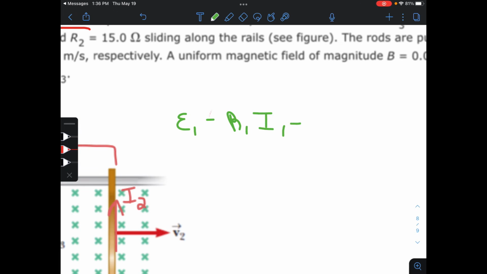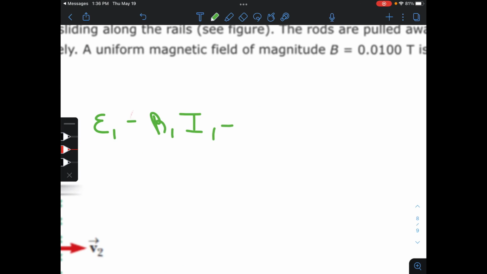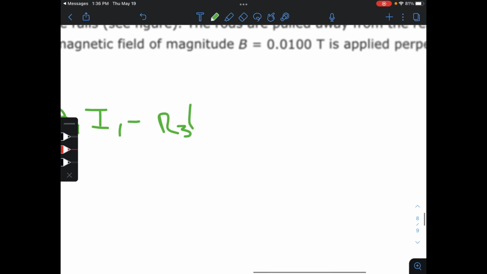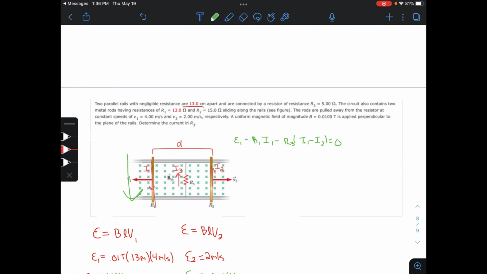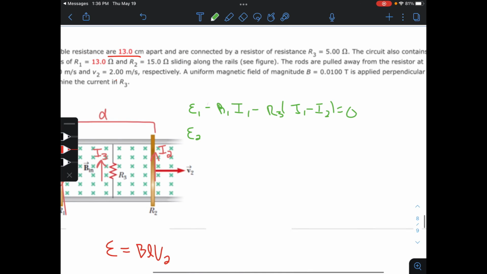Minus. Now, when I say R3 here, the current is breaking off into two different directions. This is actually R3 and I1 minus I2 equals 0. That should make sense. Now, E2. We're going to start with I2 and R2.